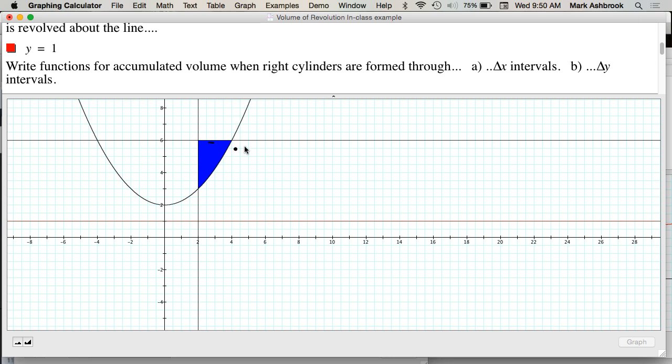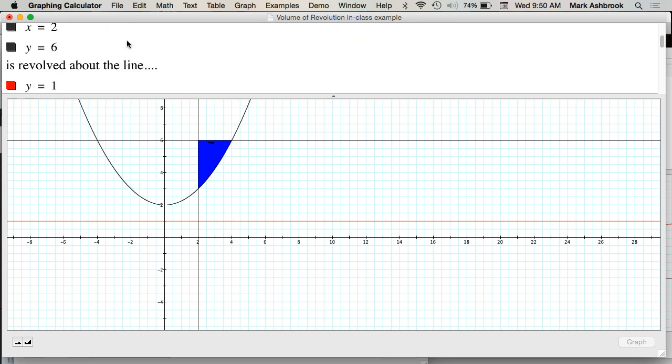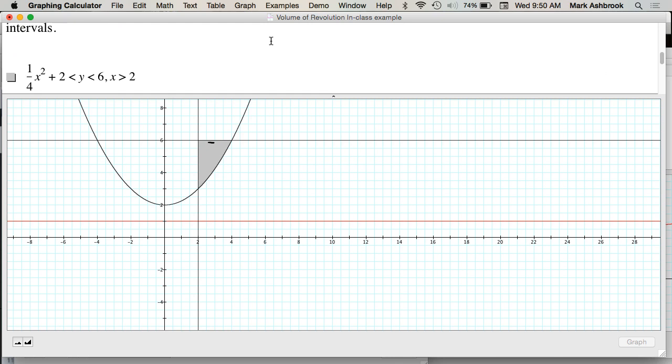So a typical, I'll draw it over the side here. Let's do a lighter color. Okay, so then a typical, you should be thinking that a typical cylinder looks like this.